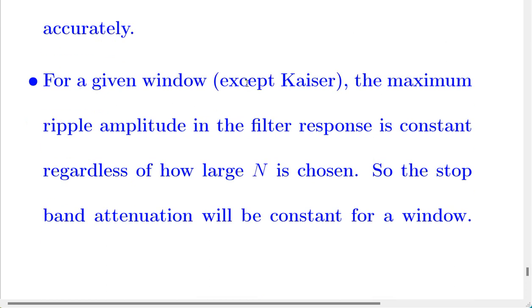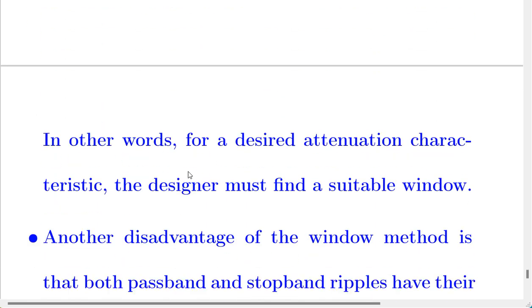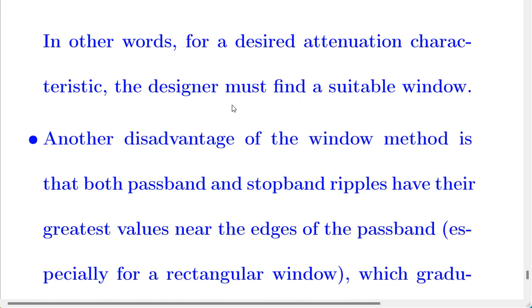For a given window, except Kaiser, the maximum ripple amplitude in the filter response is constant regardless of how large N is chosen. You will have all of these answers inside the take-home I declared. So, the stopband attenuation will be constant for a window. In other words, for a desired attenuation characteristic, the designer must find a suitable window.